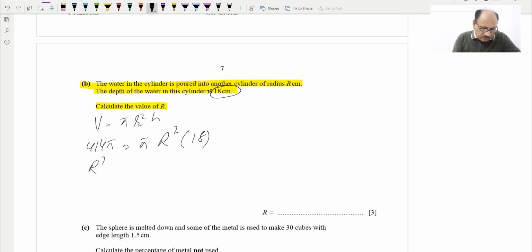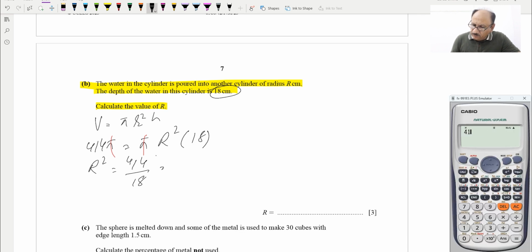We can cancel pi on both sides, and R square will be 414 over 18, which is 23.